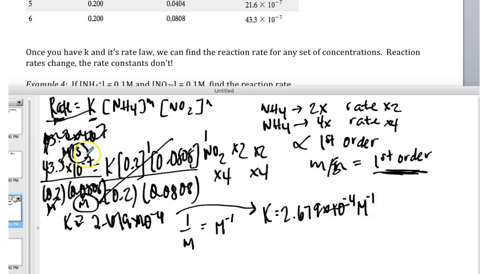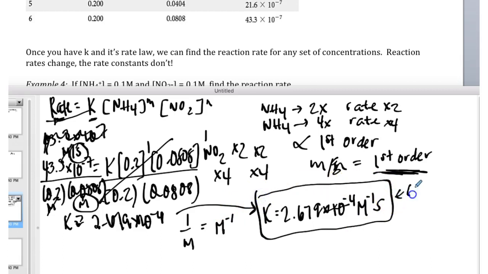And the seconds is on top of the denominator. So we're going to leave it as seconds. So this is the units for K. So this is the constant. This is the rate constant. Not the rate law. This is the rate constant, so don't get it confused. So anytime it says find the rate constant, this is what they want.